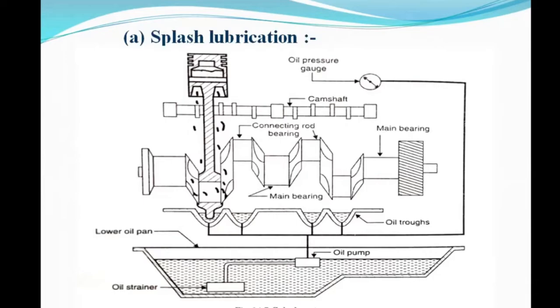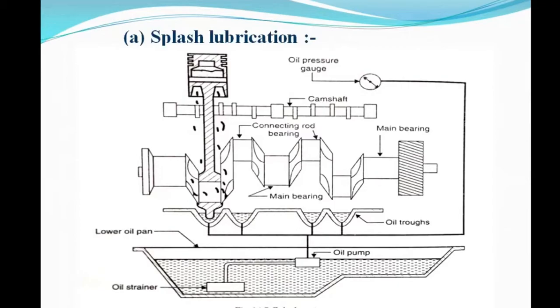In this system, caps on the big end bearing of the connecting rod are provided with a scoop. The oil level in the sump is maintained in a way that when the connecting rod big end is at its lowest position, the scoop at the end just dips into oil, which is supplied by the oil pump from the sump, as shown in the figure.